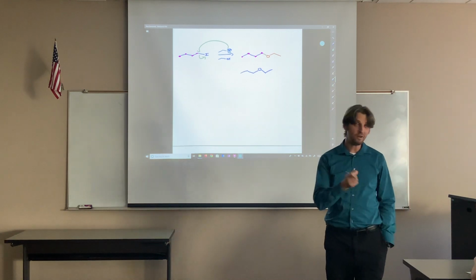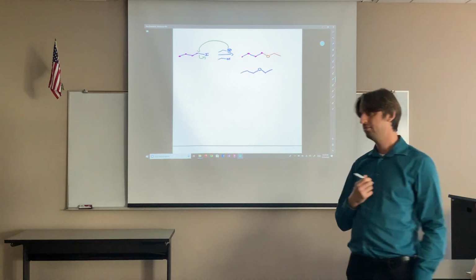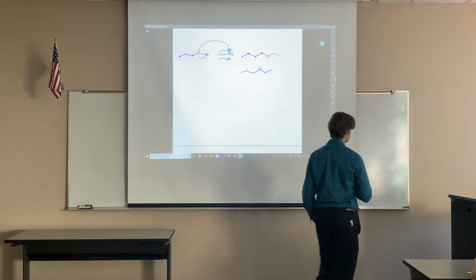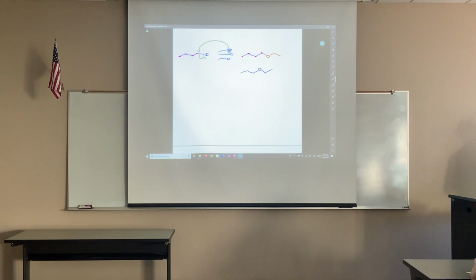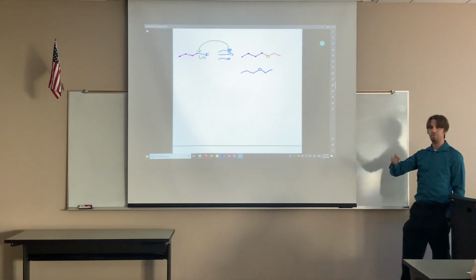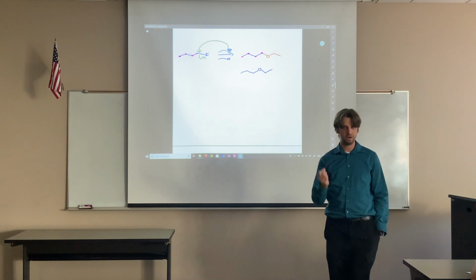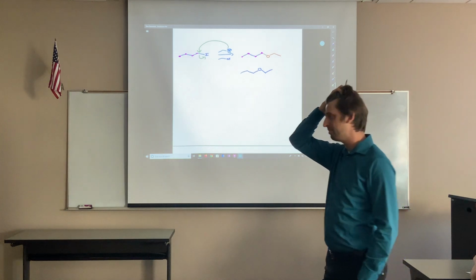Be careful with your carbons. I know why you guys do this. Our arrows show like the oxygen is taking the place of that carbon. No. It's making a bond to that carbon. It's not taking the place of that carbon, it's making a bond to that carbon. So just be careful of that.